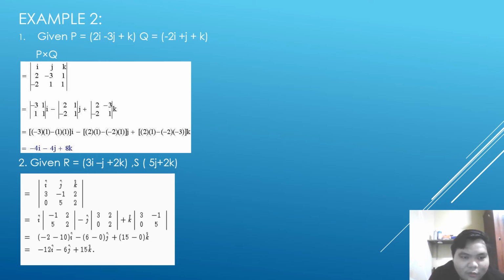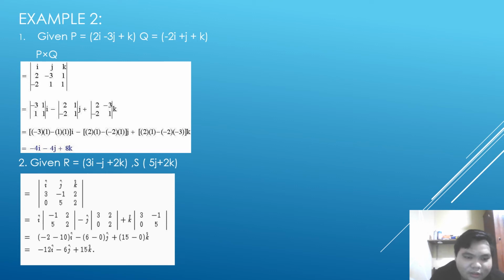For the j, we ignore j and we get i and k. So 2, 1, negative 2 and 1. For k is 2, negative 2, 2, negative 3, negative 2 and 1. So we multiply with cross. So after that we get a negative, for i, negative minus 4j plus 8k. So that's the final answer.